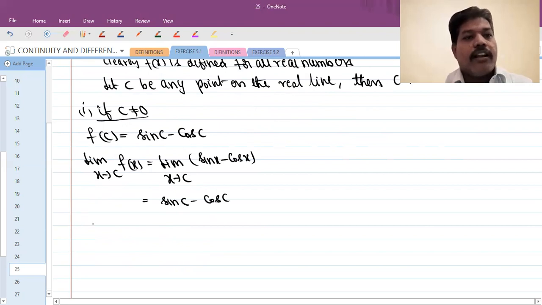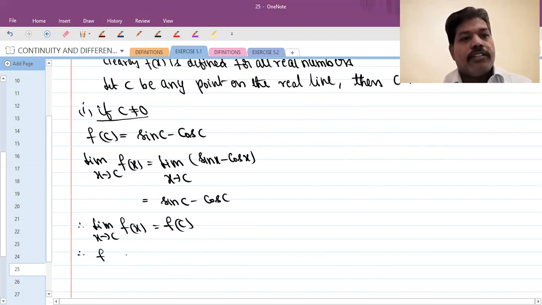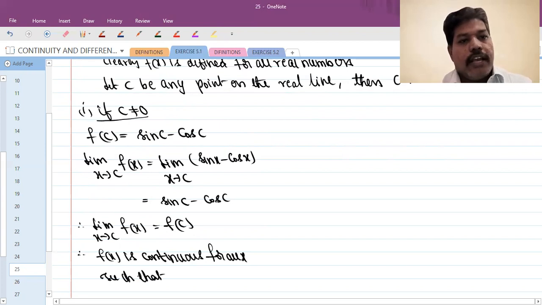Then the limit as x tends to C of f of x is equal to f of C. Therefore, f of x is continuous for all x such that x is not equal to 0. For all non-zero numbers, the function is continuous.